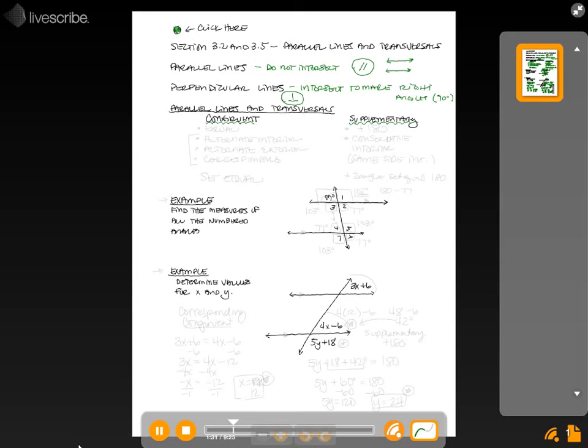The ones that are congruent, and it's important that we understand this, remember congruent means that they are equal, so they'll all be the same measure. Those are the alternate interior, the alternate exterior, and the corresponding.